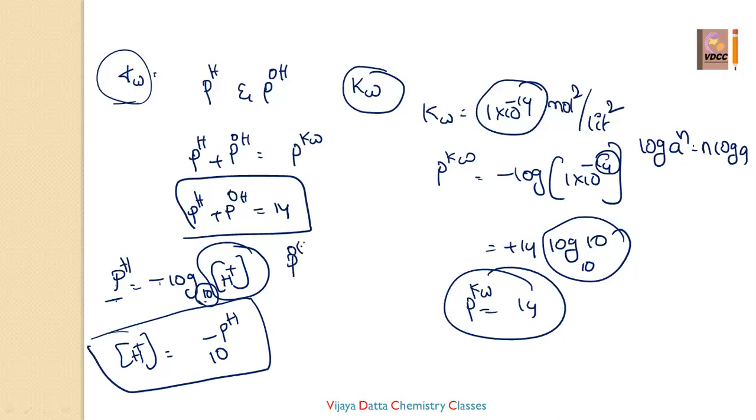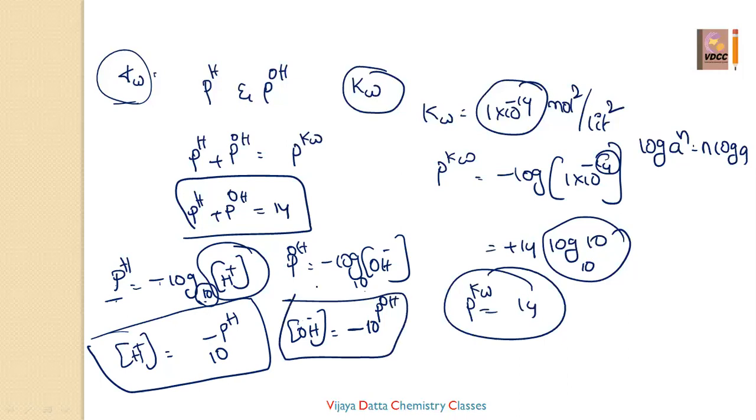From pOH, the negative logarithm of OH minus, if you want to calculate the OH minus ion concentration, then it is 10 to the power of minus pOH. So this is the relation between pH and pOH, that it is equal to 14, and also the relation between the pH and the concentration of H plus. Sometimes the H plus concentration is given and they ask to calculate the pH. Sometimes pH will be given and they ask to calculate the H plus ion concentration. So like this we can use it.